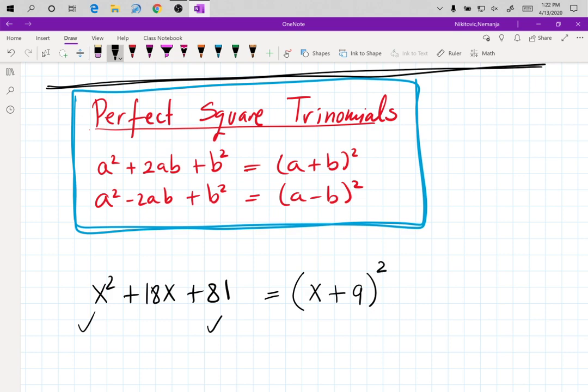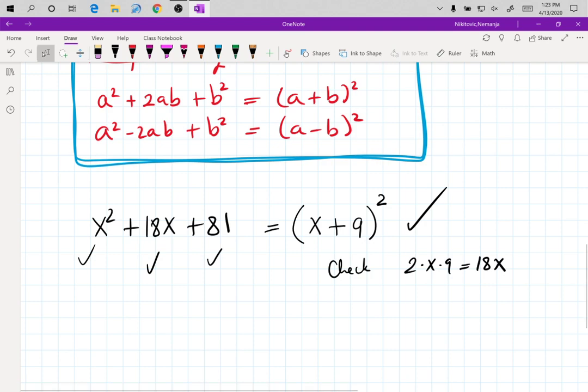And you put a square. And then you check the middle term. 2 times x times 9 is equal to 18x. It matches, so this is good. Right? It is very simple, but this must be done.